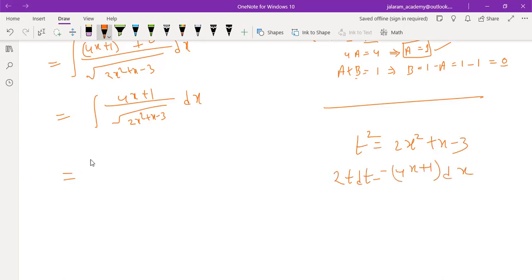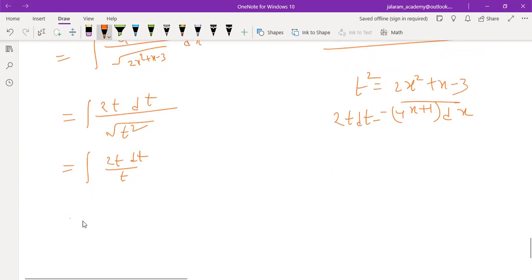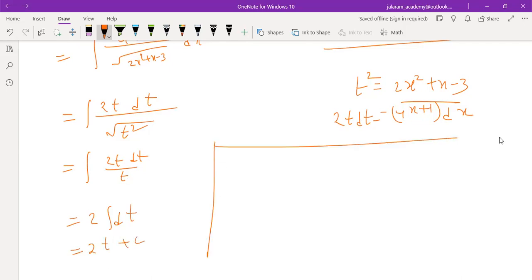So numerator 4x plus 1 dx will be replaced by 2t dt, and the square root of 2x square plus x minus 3 will be replaced by t. So 2t dt upon t, the t cancels, giving 2 into integration of 1 dt, which is 2t plus c, and t is under root of 2x square plus x minus 3, plus c, which is the answer.